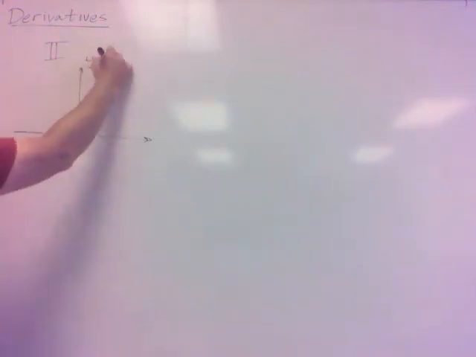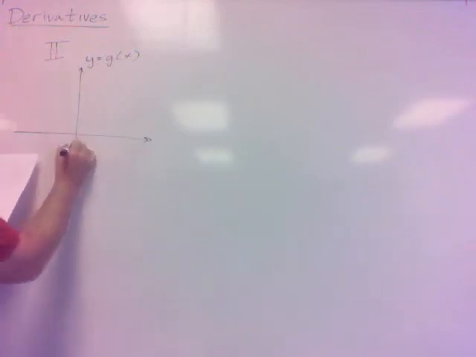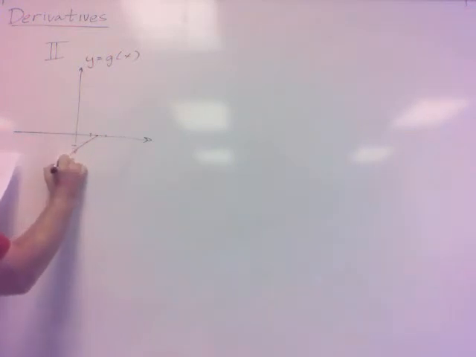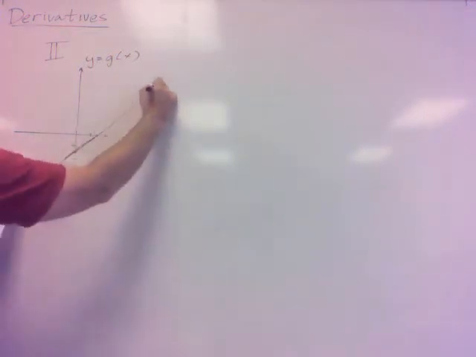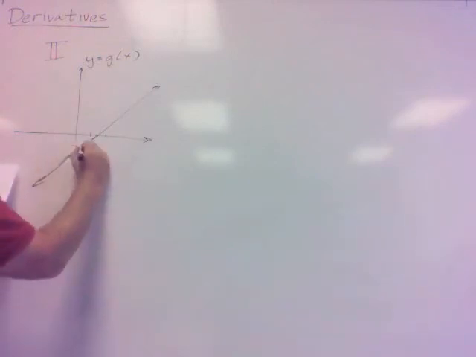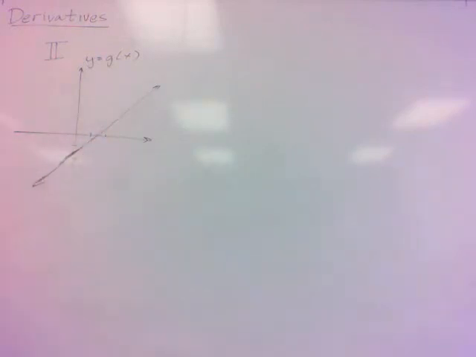I called it g of x. So 1.5, so negative 1.5, positive 1.5 are my intercepts there. So anyway, here's what I wanted to mention on that.